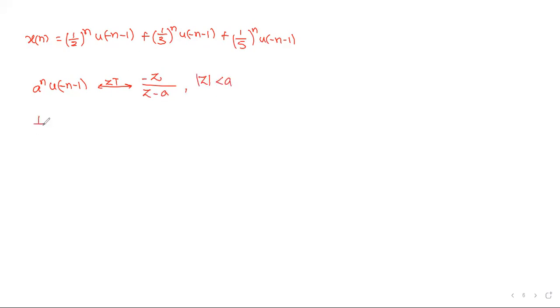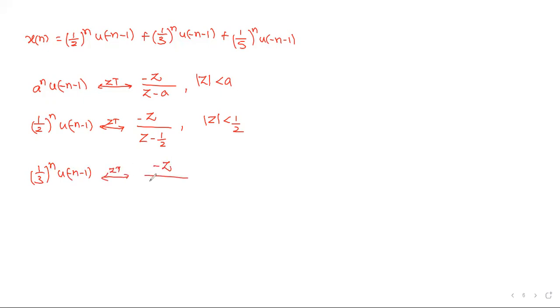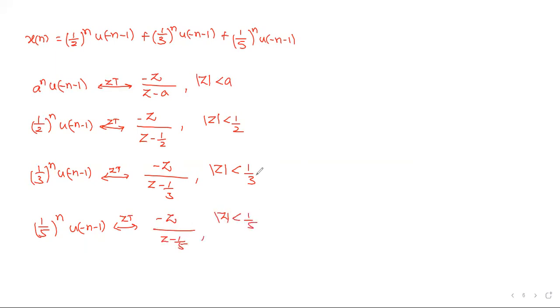Now (1/2)^n u[-n-1], the Z transform will become -z/(z - 1/2), mod z is less than 1/2. Similarly (1/3)^n u[-n-1], the Z transform will become -z/(z - 1/3), mod z is less than 1/3. (1/5)^n u[-n-1], the Z transform will become -z/(z - 1/5), mod z is less than 1/5.